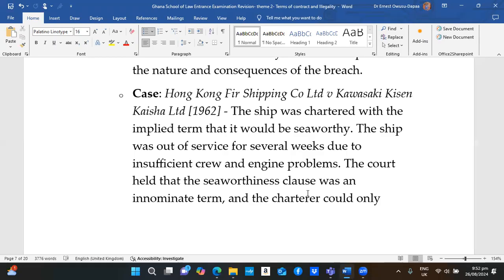And then the court took the view that the period, the weeks of breakdown, about 24 weeks, was insignificant compared with the number of months, about 48 months, which the charter party had been given. So the contract could not be terminated. Reflecting on that, when it comes to these types of terms, you cannot pre-classify until a breach has occurred.